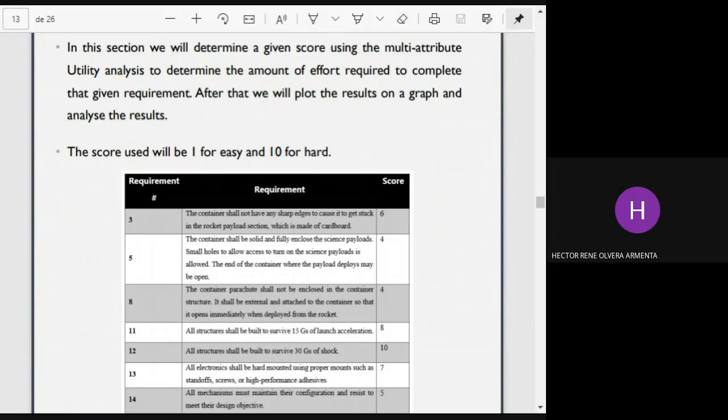Why? Because when we are developing the structure, the design, or the manufacturing of the satellite, we are going to visualize which of these will be harder than others.